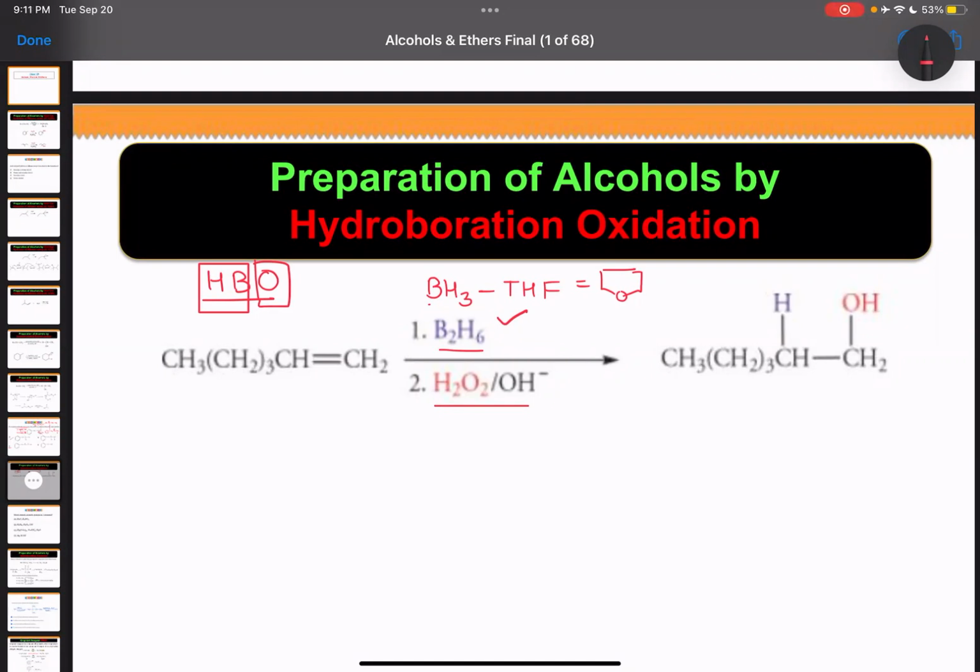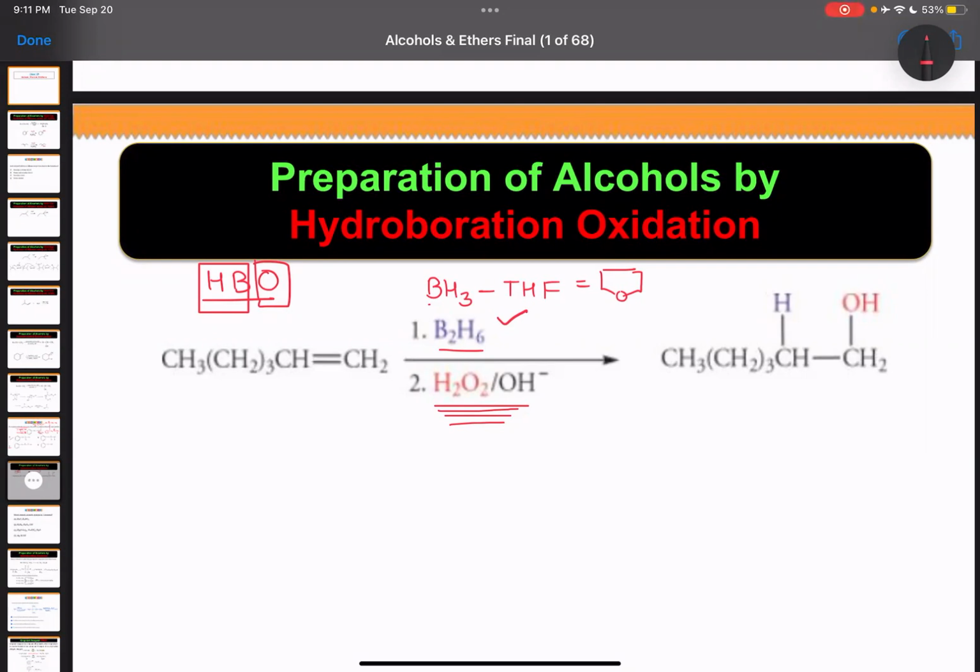So hydroboration: borane, THF, followed by NaOH and H2O2, peroxide. But most of my students say peroxide first. Peroxide is what happens with HBr: if you add HBr in the presence of peroxide, the HBr will get added in the reverse manner, in anti-Markovnikov fashion.